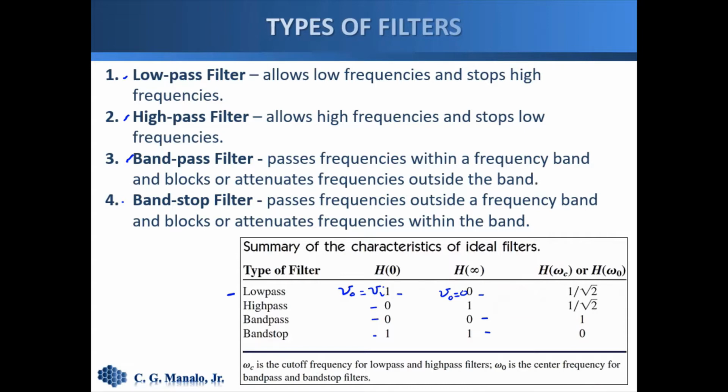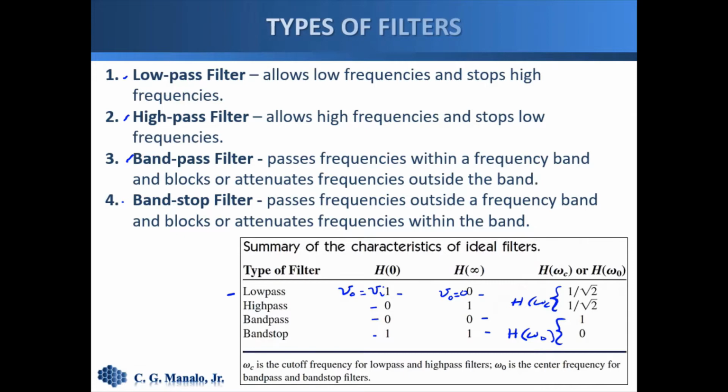Now, there is another characteristic called the cutoff frequencies for low pass and high pass filters, and for band pass and band stop, we have what we call the center frequency. So what are these characteristics?